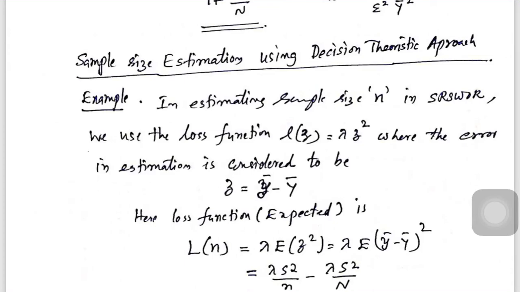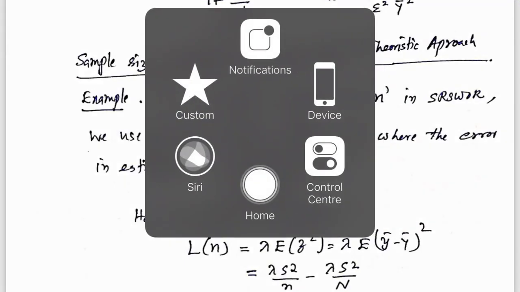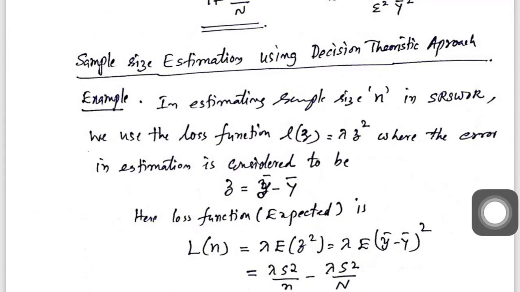In my PDF note, I have discussed how the total cost of the survey is modeled, and for that purpose, you require a loss function, a cost function, through which you can have the expected loss function and cost function.